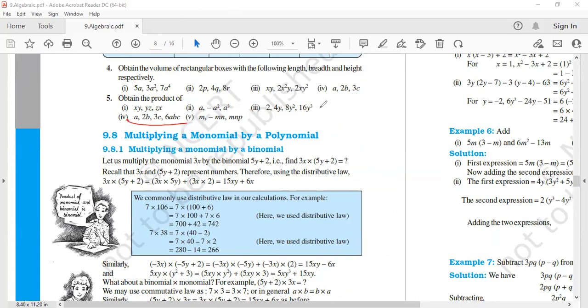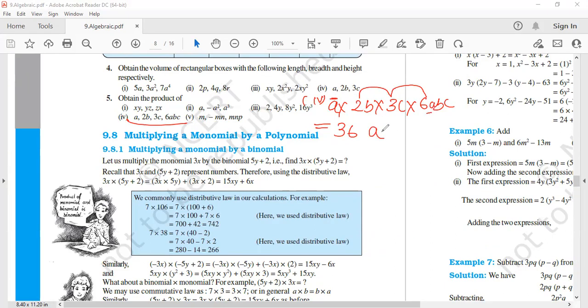Okay, so we have completed up to question third part. Let us continue with the fourth one. This one, that is a multiply 2b multiply 3c multiply 6abc. So it will give you, there are a, b, c constants, and firstly we have to focus on the numbers.